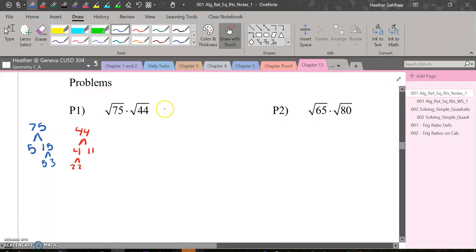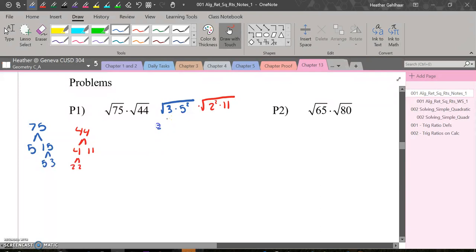So over here, I'm just going to write out our square roots. So we have, and I'm going to kind of skip some steps here. I see that we have a 3 and then 2 5's, so I know that's going to be 3 times 5 squared. And then times, and I see that we have 2 2's, so that's 2 squared times 11.